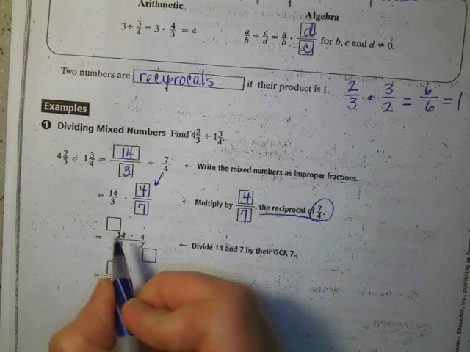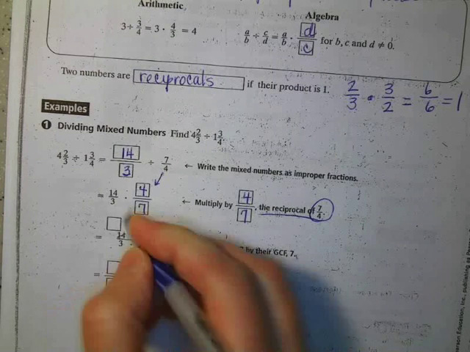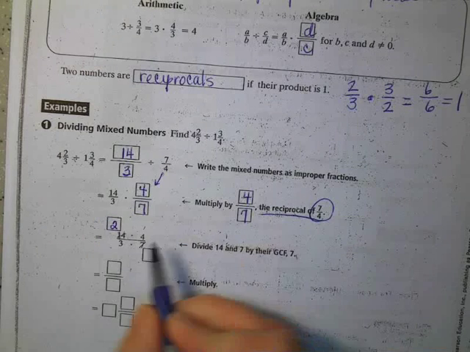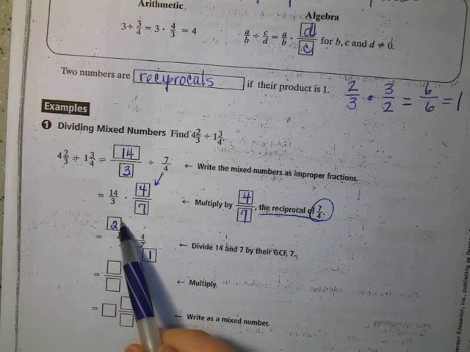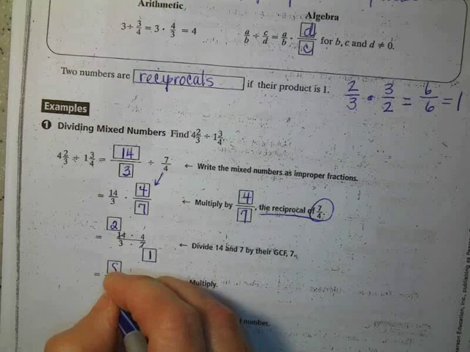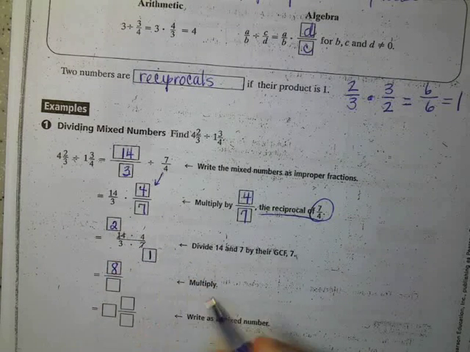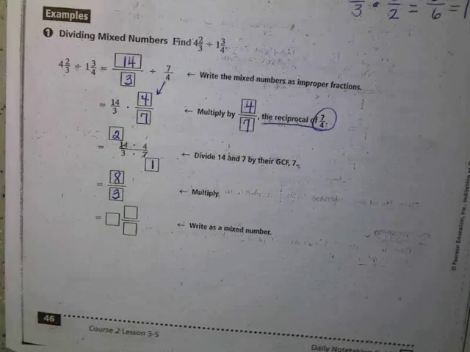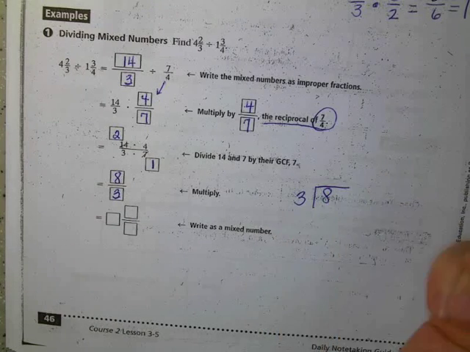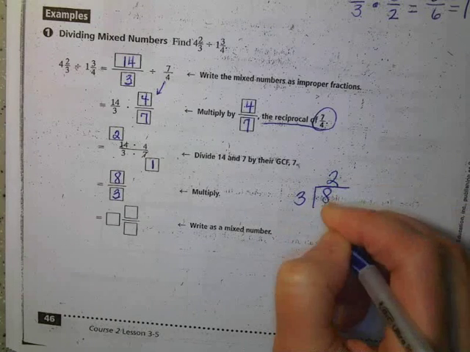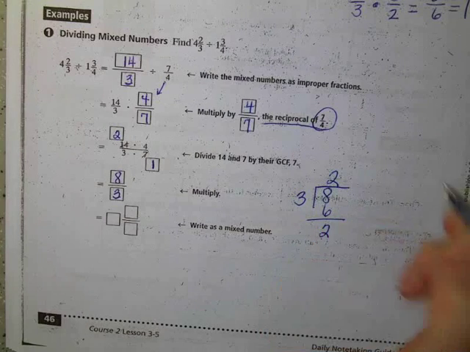So 14 and 7 have a common factor of 7. 14 divided by 7 is 2. 7 divided by 7 is 1. 2 times 4 is 8. 1 times 3 is 3. Okay, so I get 8/3, and then I write that as a mixed number because 8/3 is an improper fraction. So remember to do that now. We take 8 divided by 3. 3 goes into 8 2 times.